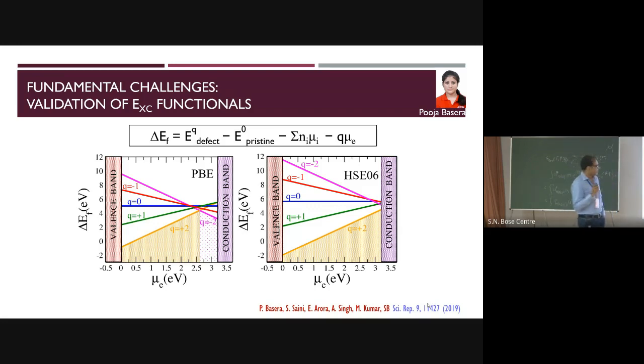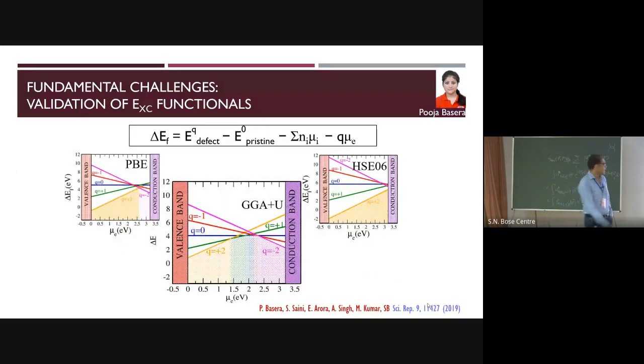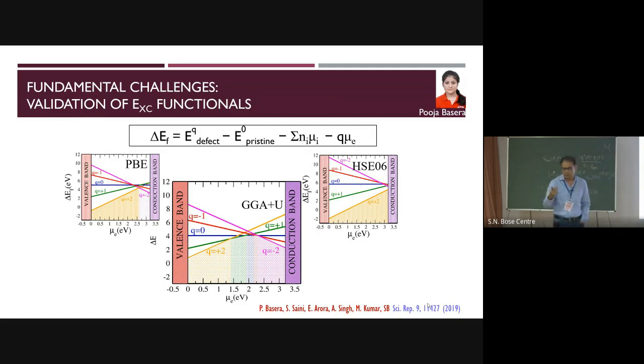So now what I tried to do is see whether we can really fix this, because of course with GGA the band gap is hugely underestimated. Can you really fix it by applying U? By applying U, you can fix the band gap, but you cannot fix the energy. During the morning lecture, somebody was asking Manish whether you can do it better with meta-GGA or other functionals.